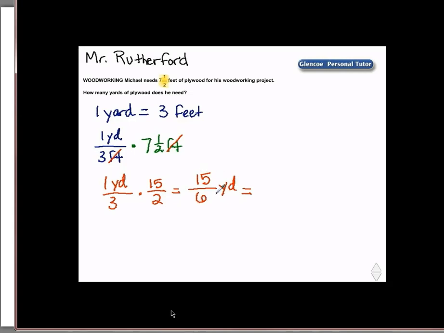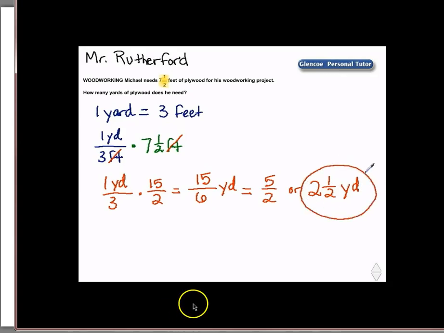Now we can simplify 15 over 6 to 5 over 2, or as an improper fraction, it's 5 over 2. As a mixed number, that would be 2 1/2 yards. So Michael has 7 1/2 feet of plywood, or 2 1/2 yards.